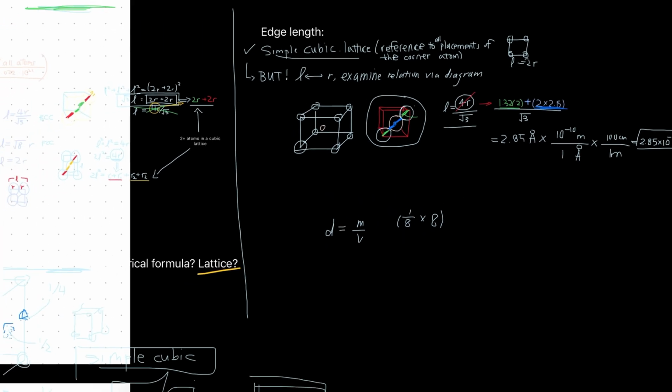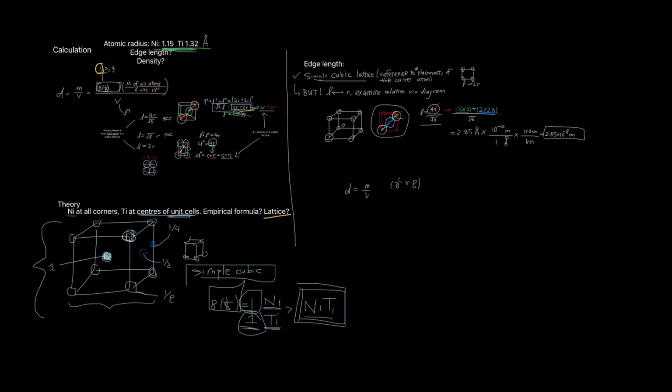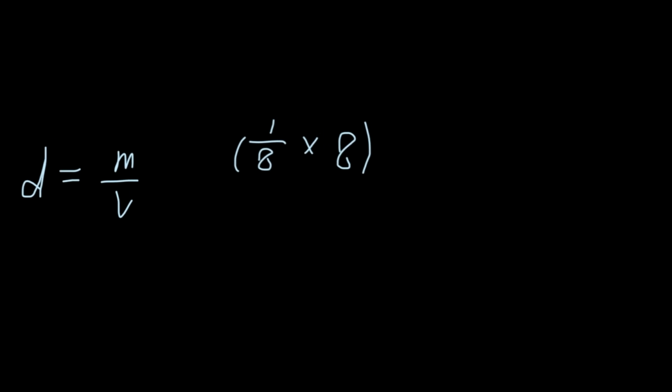So notice how even though this looks like a body-centered cubic in terms of radius and length, because all of the corners are only nickel, and nickel is only present in these corners and not anywhere else, this is a simple cubic. So I would always counsel you to just draw it out, because this writing can really throw you off. Okay, so this would be 1, as it is a simple cubic.